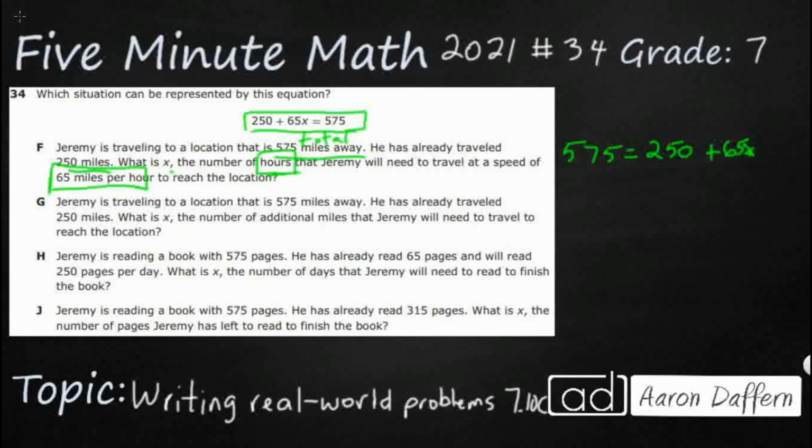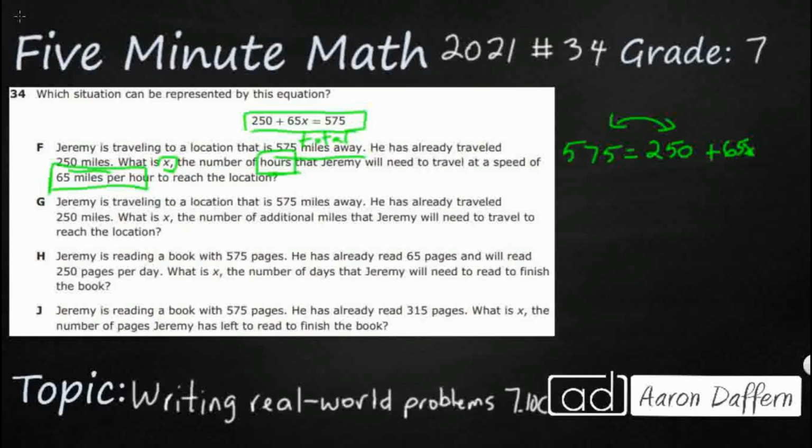So we're adding the 250 and the 65 miles every hour based on x, how many hours. So that looks, yeah, if I just flip these two, which you can with any equation, that looks like it's the answer. So F is looking pretty good.